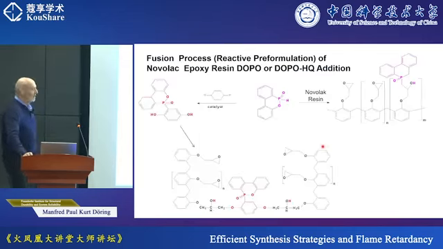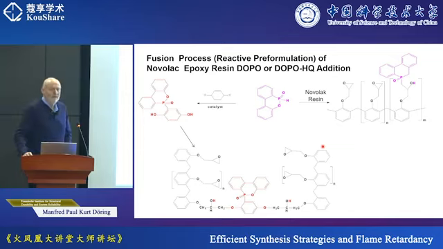And as I said, the answer is why we can incorporate small molecules, small functional molecules in epoxy resins, and we can incorporate also their properties. The way is very simple. It's a so-called fusion process or reactive preformulation.